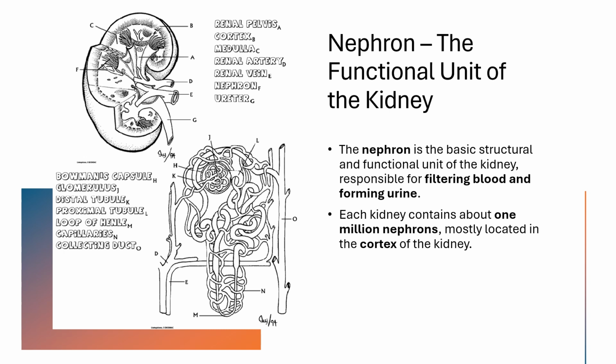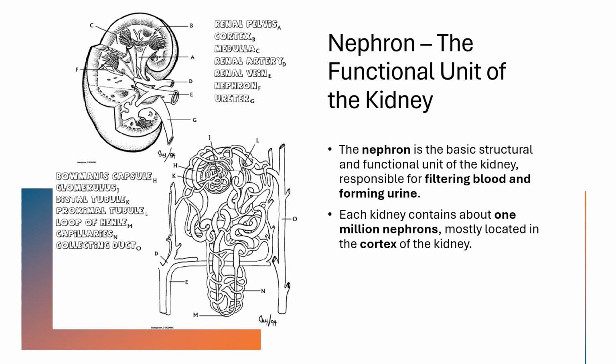In this slide, we are going to talk about the nephron. The nephron is the functional unit as well as the basic structural unit of the kidney. The nephron is responsible for filtering blood and forming urine. Although we say that this happens in the kidney, it particularly happens in the nephron.